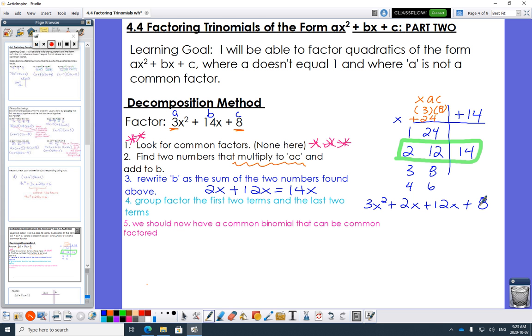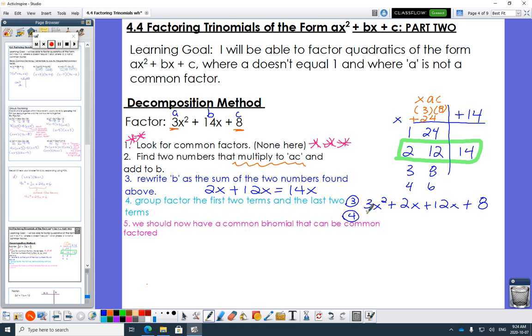So if you like numbers, this is step 3 here. And now we can group factor. So now you're going to group factor. So these two, what's my only factor?